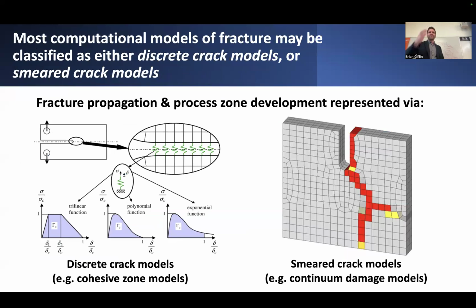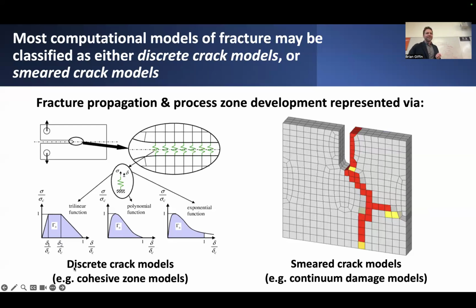Okay, so with that in mind, there being these two alternative ways that we can represent fracture, either in this smooth, smeared sense, or in this discrete sense, as strong or weak discontinuities, really that classifies two broad categories of fracture modeling approaches as you might encounter in the literature.